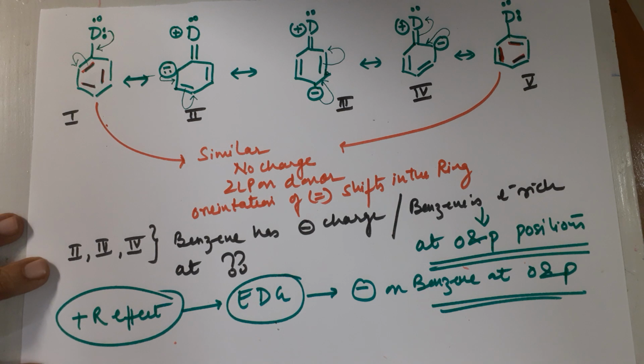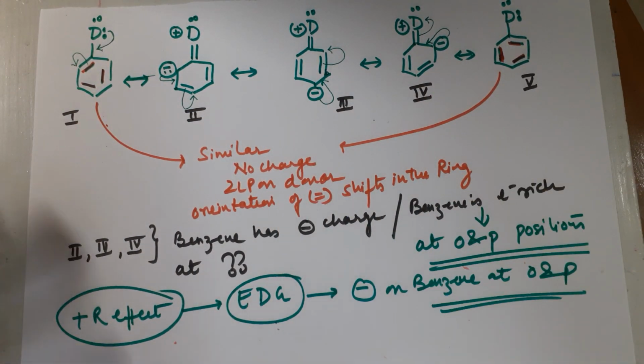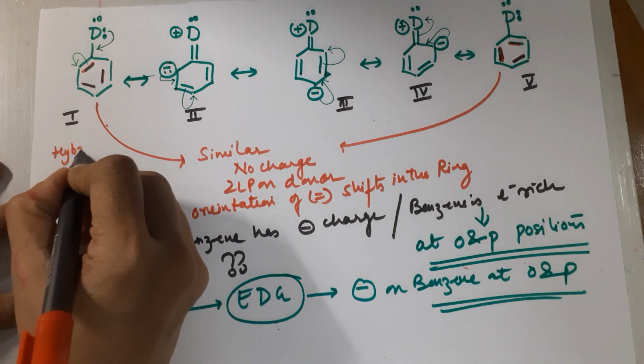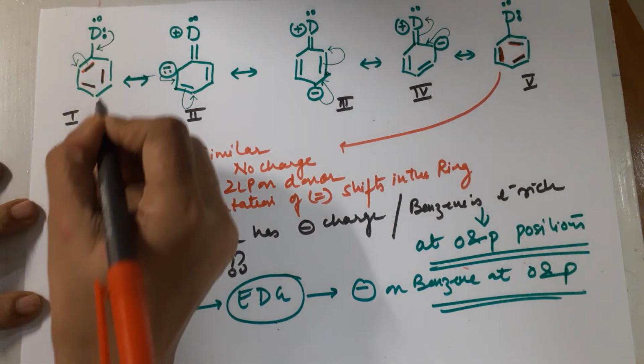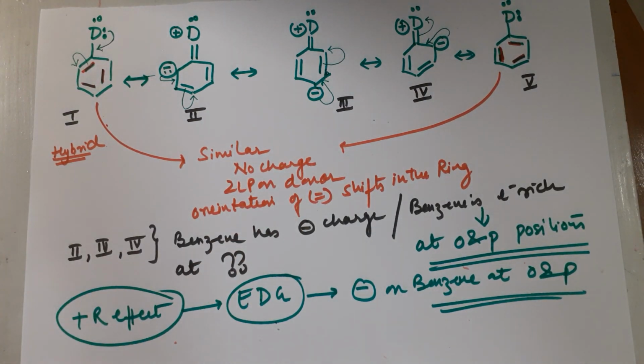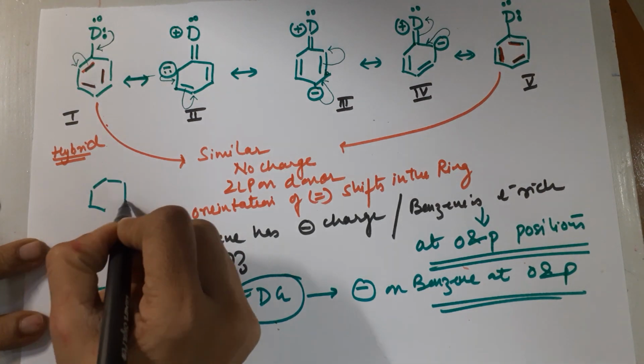I'll just help you to draw one more resonating structure, but before that, let me give you the average of all these structures. When we talk about average, we are talking about a hybrid structure of the resonating structures, and the hybrid structure looks like this. Pay attention. What is common in all of them? The benzene ring. What else is common?